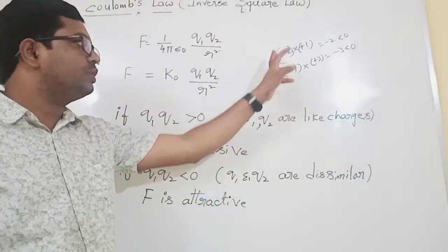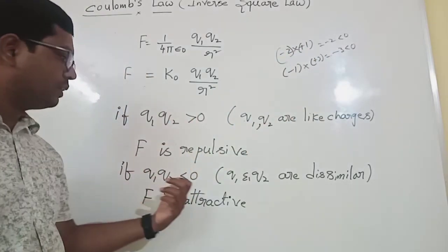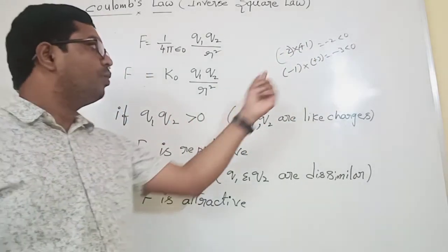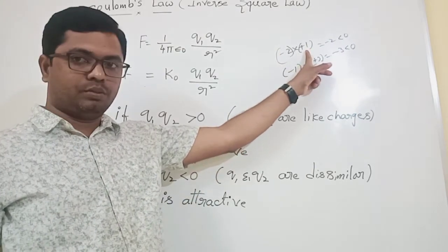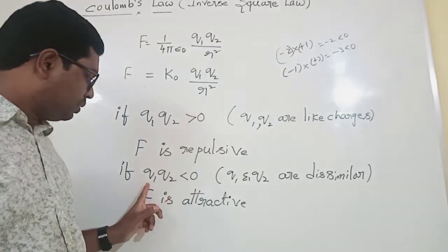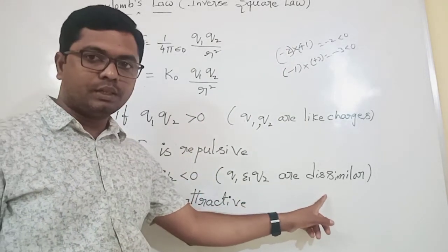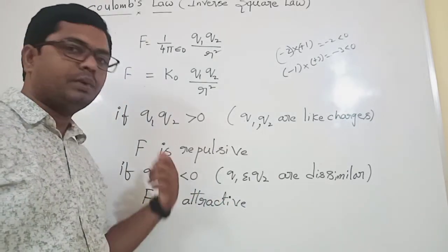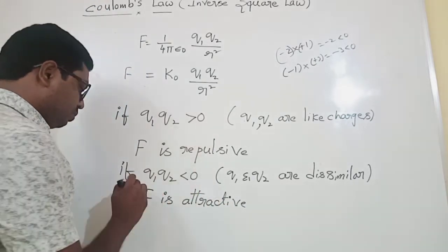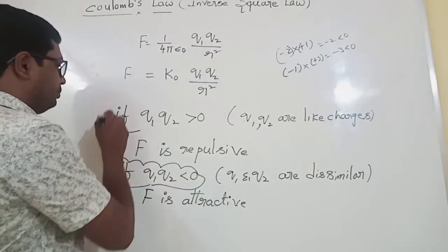Such that Q1 Q2 less than 0 is possible if one is negative and the other positive, or one is positive and the other negative. So when Q1 and Q2 are dissimilar charges, the force is said to be attractive force. These two conditions are very important in solving the problems.